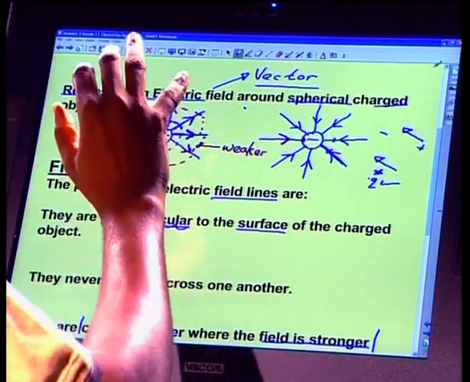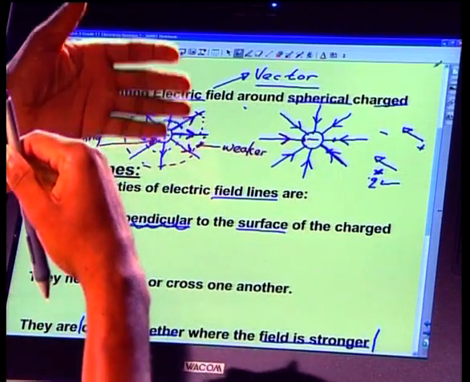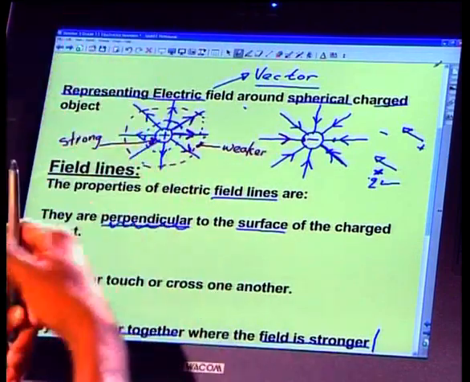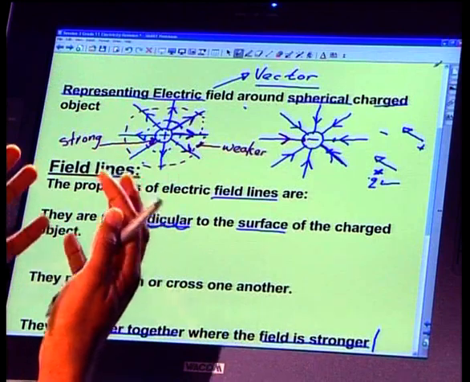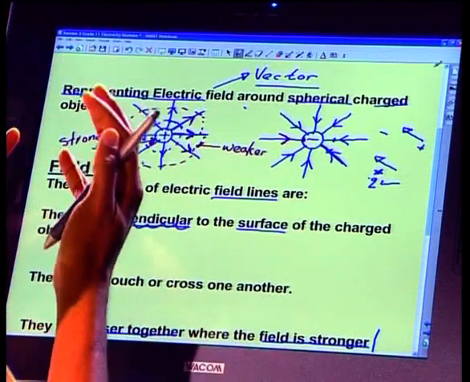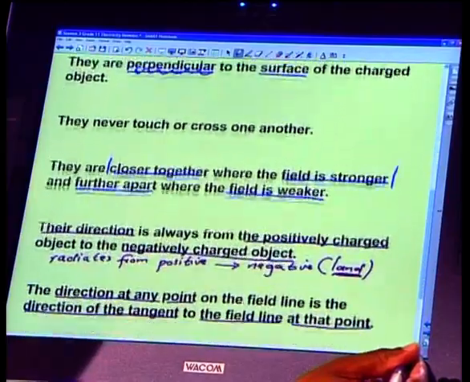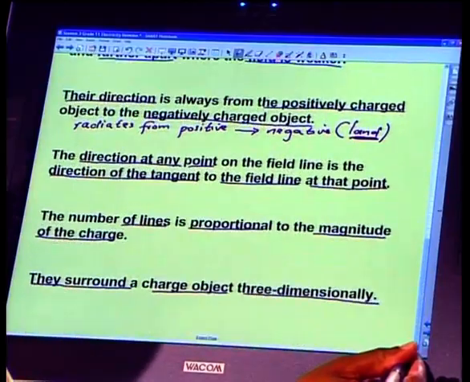You can feel it from this part, and you can also feel it from the other part. So it's three-dimensional, like you would have a soccer ball, for example, as round as it is, if a charge is at the center of that ball inside, all around it would represent the field, which is the region around it. So it is three-dimensional. That is very important. You need to understand that.